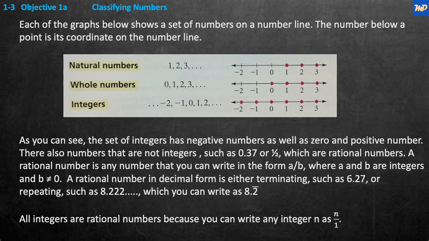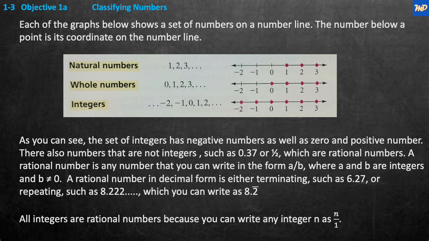Okay, objective 1, classifying numbers. Each of the graphs below show a set of numbers on a number line. The number below the point is its coordinate on the number line. So we're going to look at the red points. And you notice that the number beneath those points is the coordinate. So natural numbers, 1, 2, 3, 4, 5, and so on indefinitely.